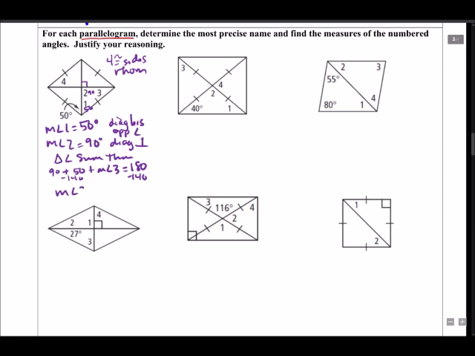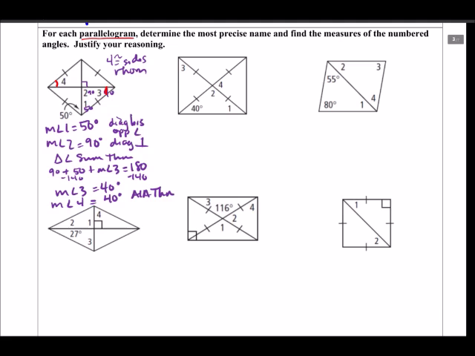Measure of angle 3 equals 40 degrees. And how are we going to find the measure of angle 4? The measure of angle 4 is also going to equal 40 degrees because of the alternate interior angle theorem. This angle here and this angle here are alternate interior angles.